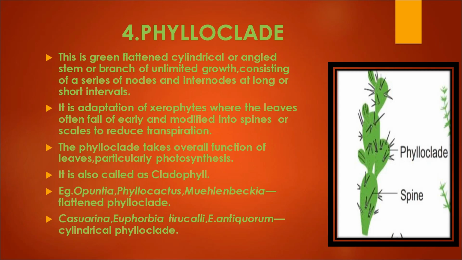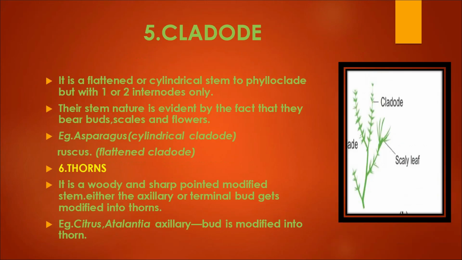And phylloclade takes over the functions of the leaves, particularly photosynthesis, and so they are called cladophyll. Example, Opuntia, Phyllocactus, Casuarina, Euphorbia tirucalli and Euphorbia antiquorum.